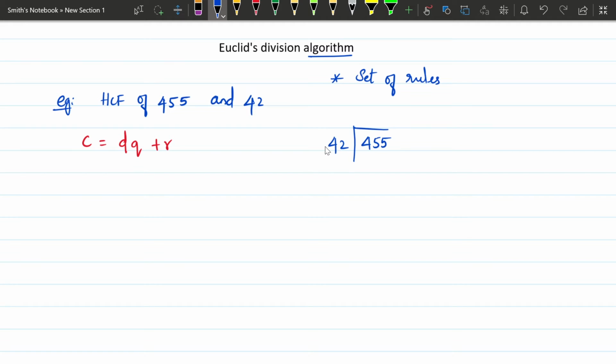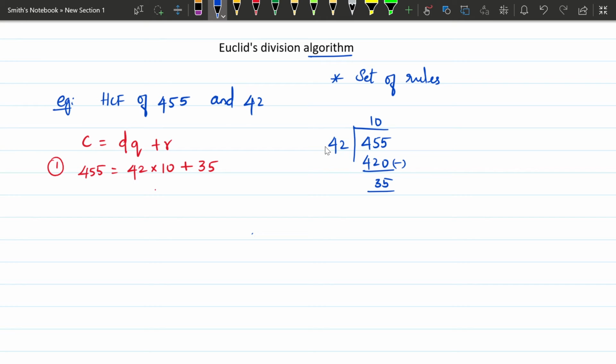How many 42s are there? We can go to the nearer one, that's 42 times 10, 420. The remainder will be 35 when we subtract. So if I write Euclid's division lemma, 455 is equal to 42 times 10 plus the remainder 35. So that's the first step.